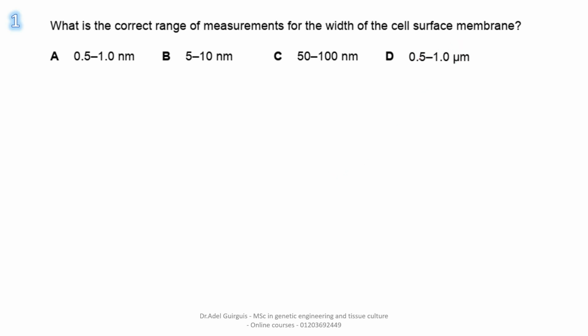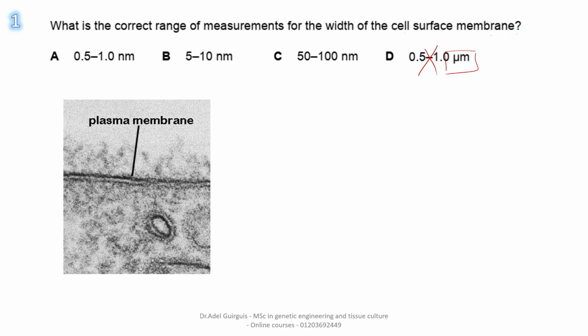Of course letter D is wrong because the unit here is micrometer. We measure the cell surface membrane by a smaller unit called nanometer. Look firstly at this figure, taken by transmission electron microscope.